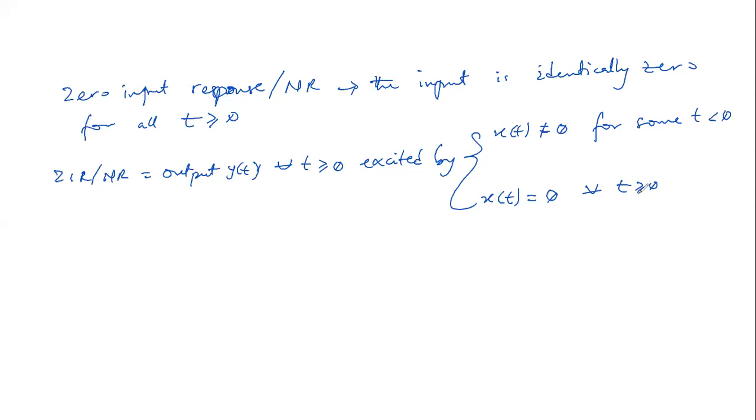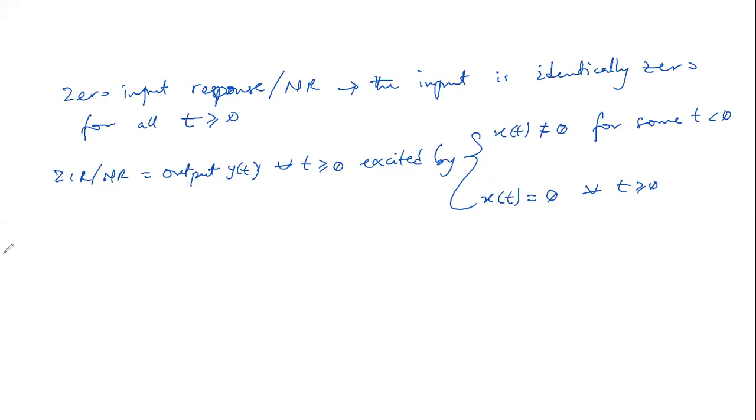So recall that for the zero state response, the value of S of t is not 0 for values of t greater or equal to 0. But for the natural response, the value of S of t is the same as 0 for all values of t greater than 0. Meaning at some time instance other than 0, the value is 0, so the input value is identically 0.